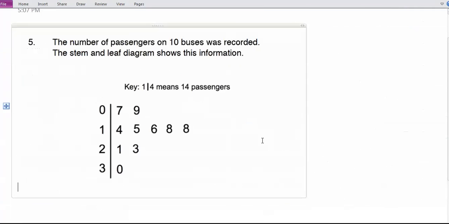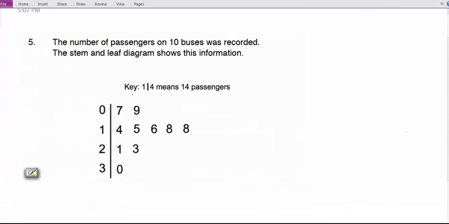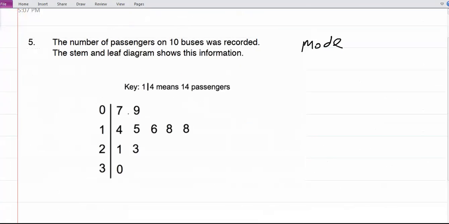A stem and leaf diagram is given for 10 buses. So let's say I ask you, okay, find the mode. Now the complete stem and leaf diagram is given. So starting with the mode, the most repeated value in any row is 8 and 1 is the stem. So it means 18 is the mode.